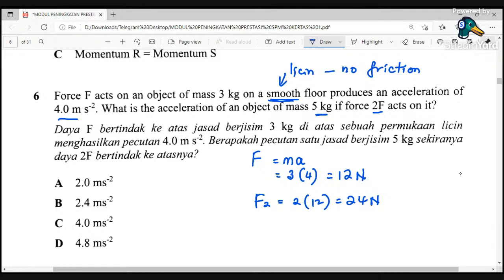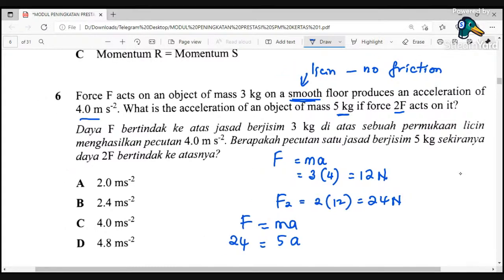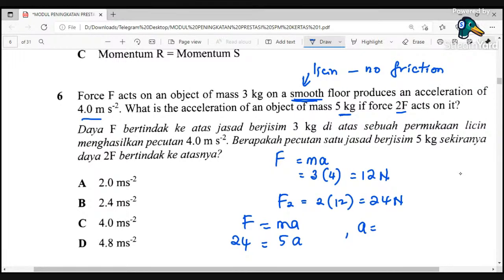So use again the formula F equals ma, 24 Newton, mass 5. So you have a equals 24 divided by 5. Okay, so you will get the answer 4.8.